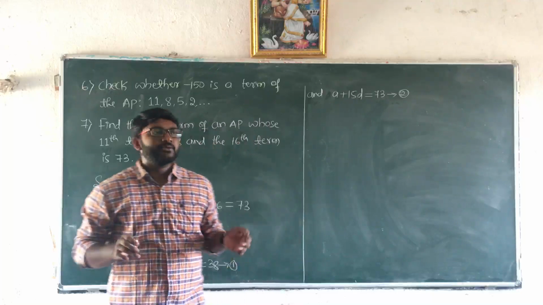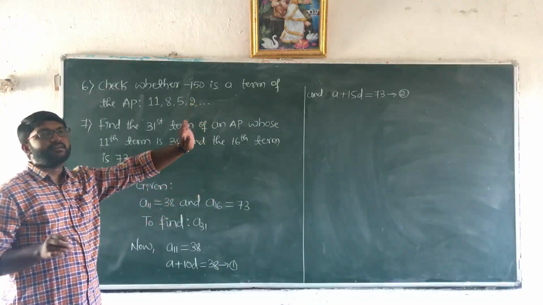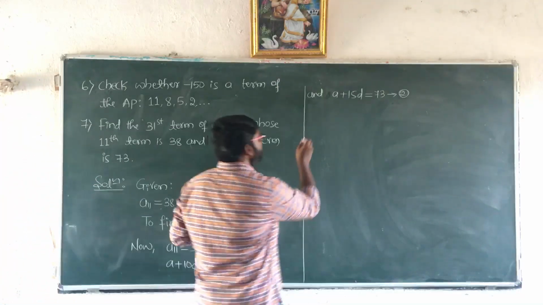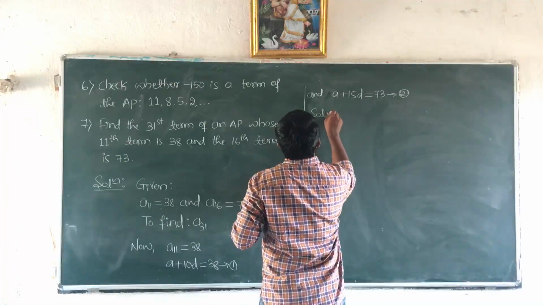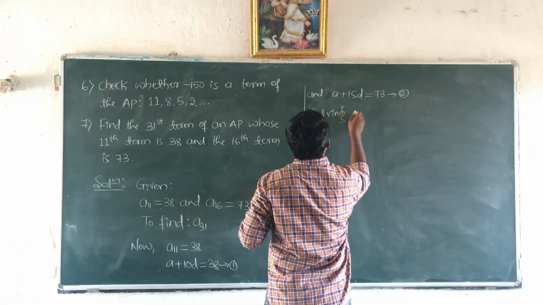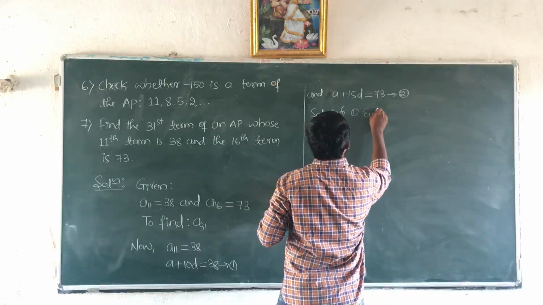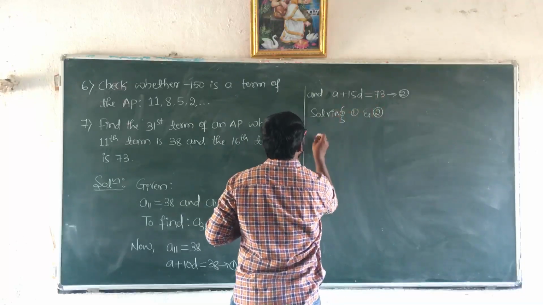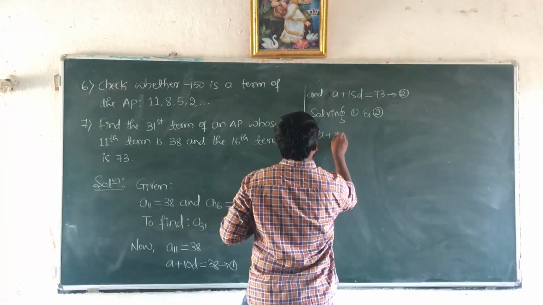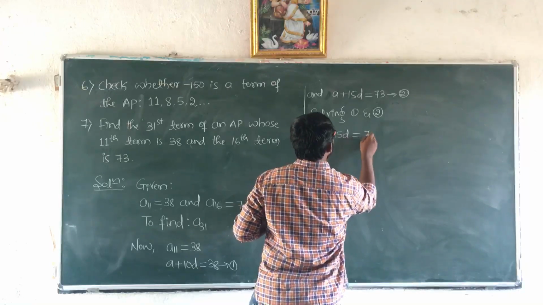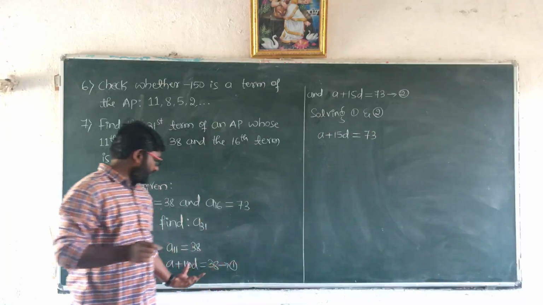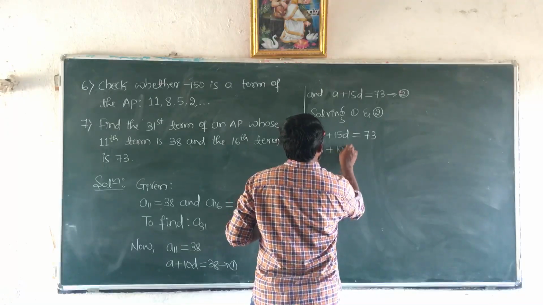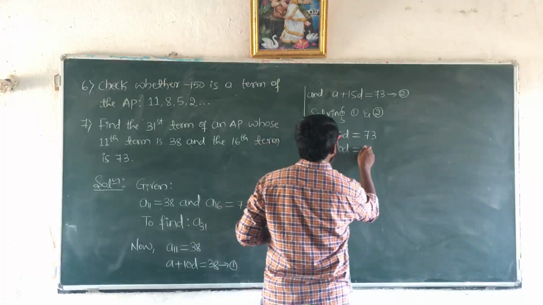Now we will have to simplify equation 1 and equation 2 in order to get the values of A and D. Solving equation 1 and equation 2. First I will write this equation: A plus 15D is equal to 73. Then I will take up this equation: A plus 10D is equal to 38.